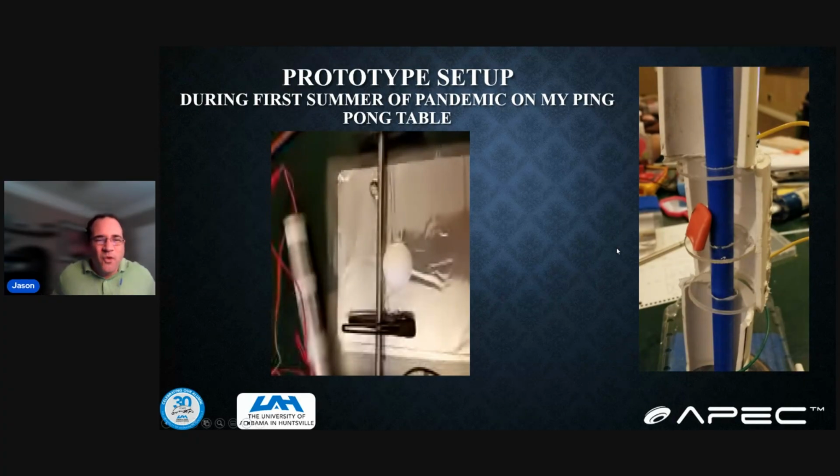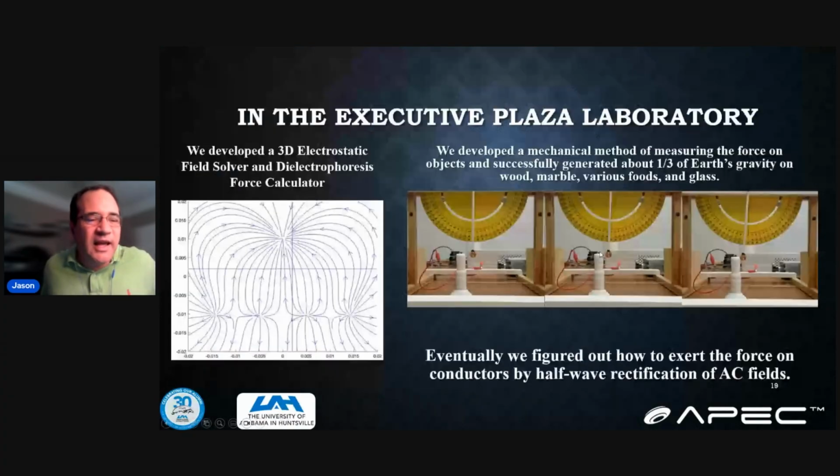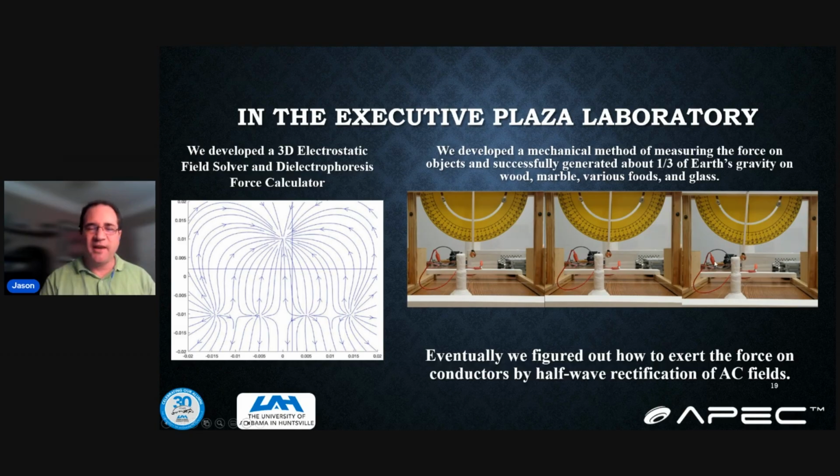So we wrote a little code to allow us to calculate things like electric fields so that we could make some basic calculations. And we built an apparatus out of spare parts. And so these are three pictures of, for example, where we have this protractor suspended from a little stand that we built.